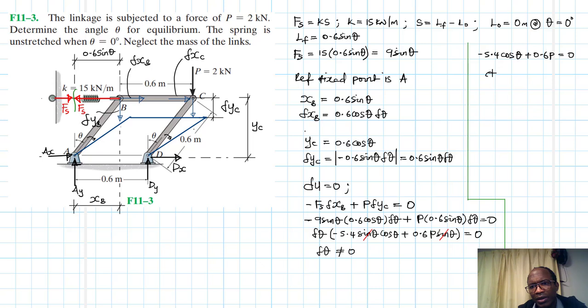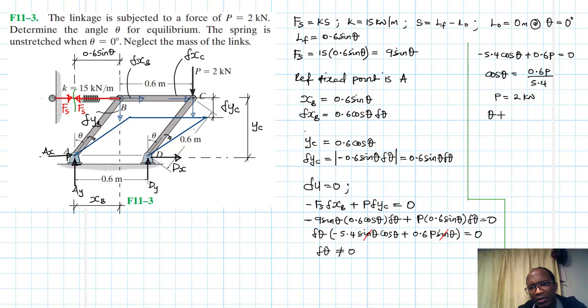So we can make cos theta subject of the formula. This is going to be equal to 0.6P divided by 5.4, and P is equal to 2 kilonewtons is given.